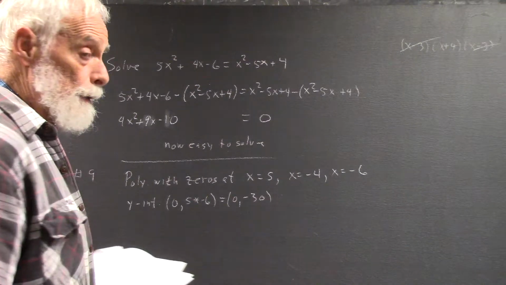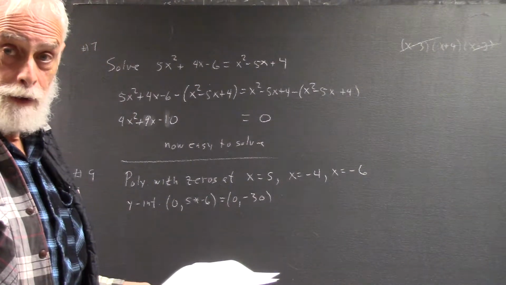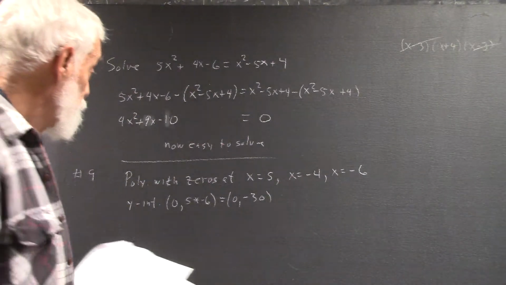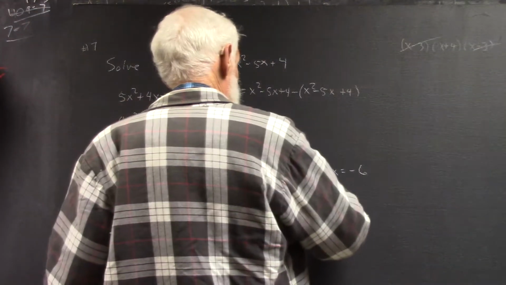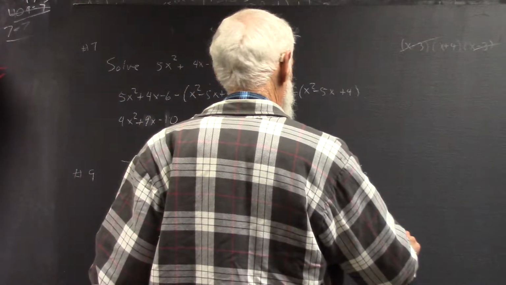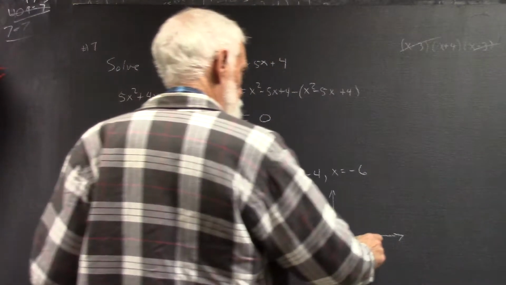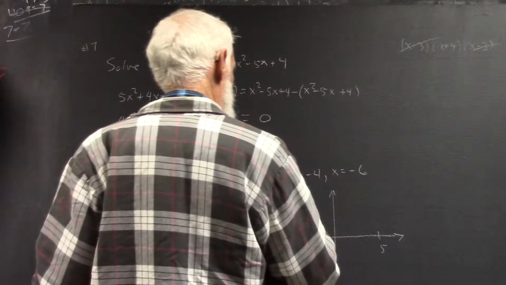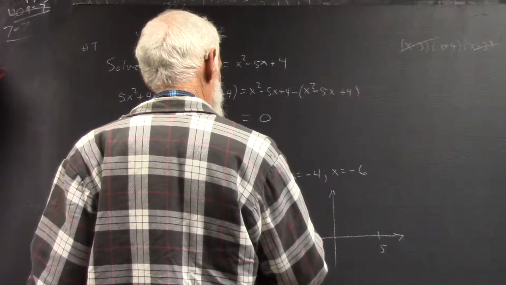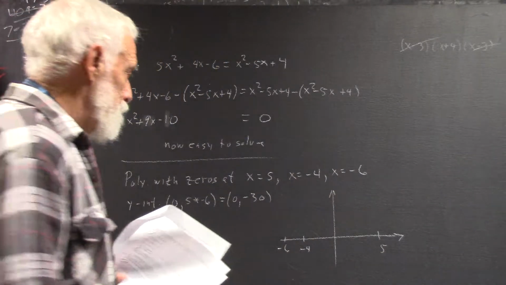So we're getting a picture already? Can you visualize this? Well, maybe, maybe not. Some people are better at visualizing, and it doesn't hurt to draw a picture. In fact, it's safe to draw a picture even if you think you can visualize it. So we've got a zero at 5, and zeros at negative 4 and negative 6.